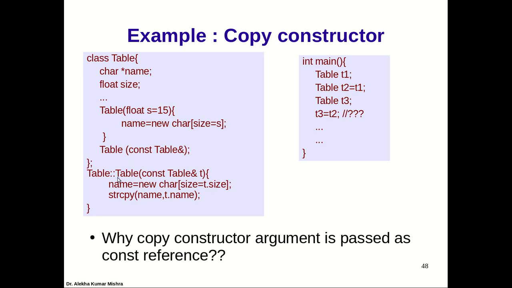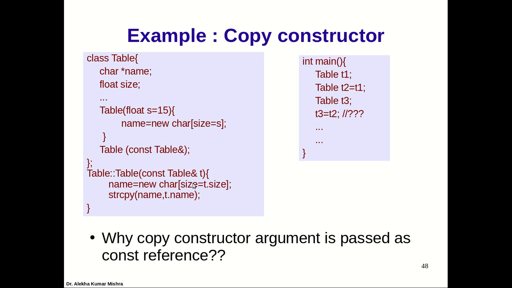When this copy constructor is called by passing an existing object t, first memory is dynamically allocated by new, of exactly the size of t's size. There is a data member size, so size equals t size. We are doing two things here.